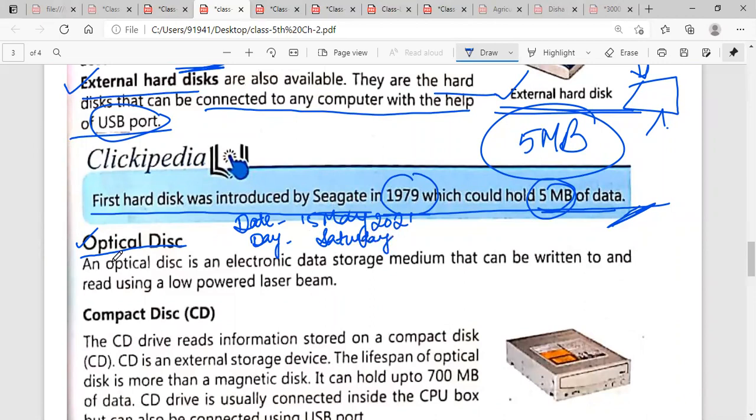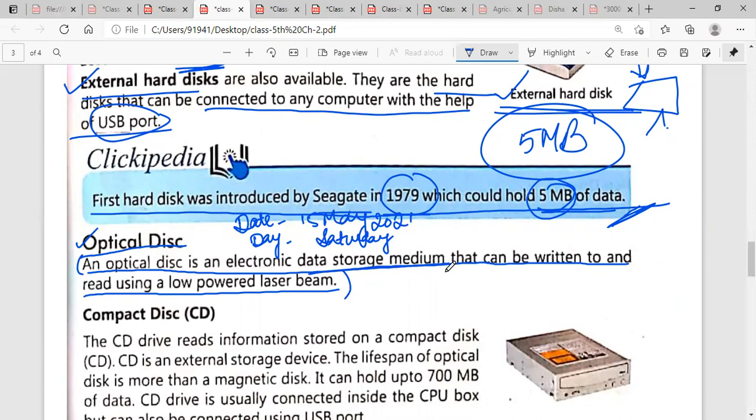Now, what is an optical disc? An optical disc is an electronic data storage medium that can be written to and read using a low powered laser beam. On an optical disc, we can store data.